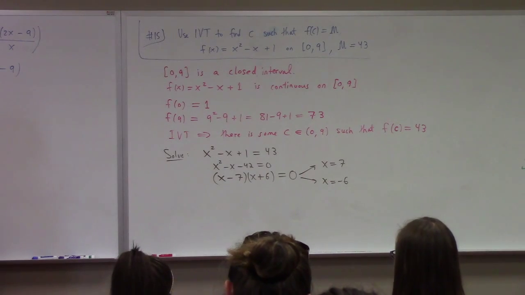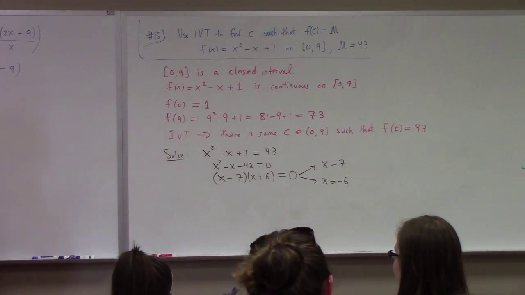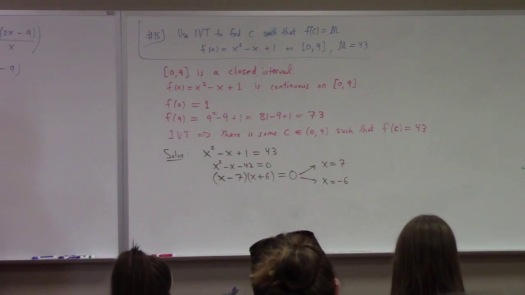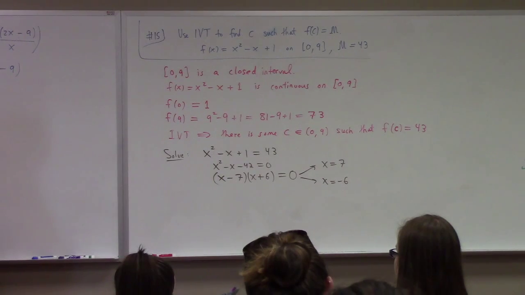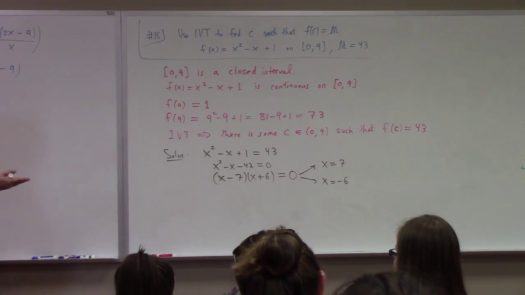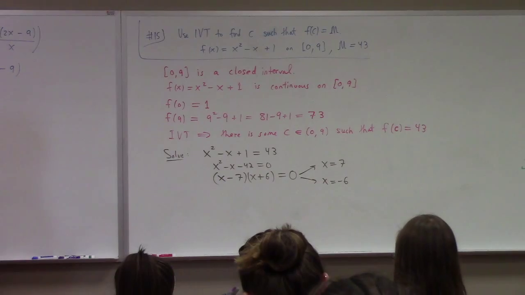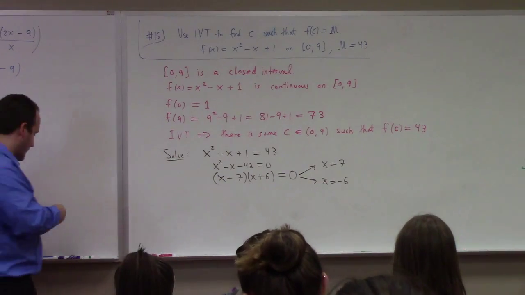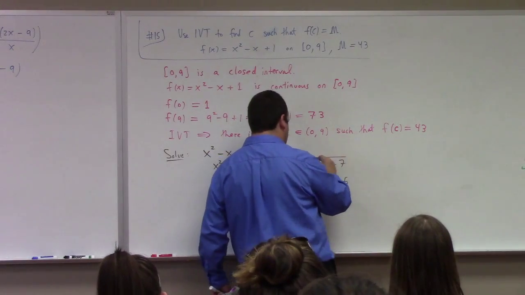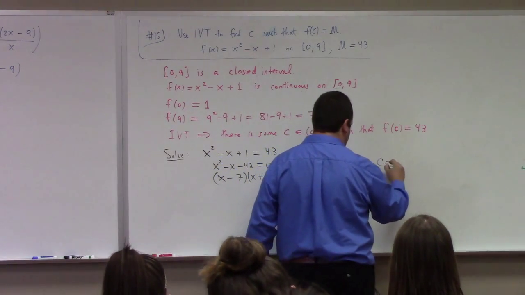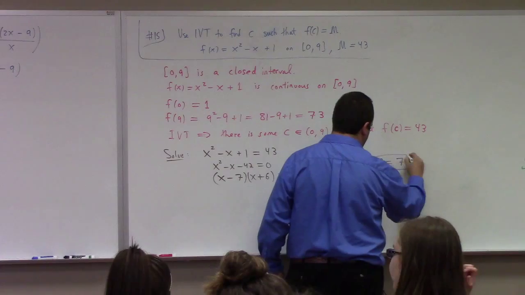When I solve f of x equals 43, the algebra doesn't know that that's done with respect to the closed interval. The algebra is just going to tell you everywhere that the polynomial hits the number 43. In particular, it hits it at minus 6, which we don't care about, right? So the solution that we're looking for, essentially by common sense, is this one. So therefore, c is equal to 7 for my problem.